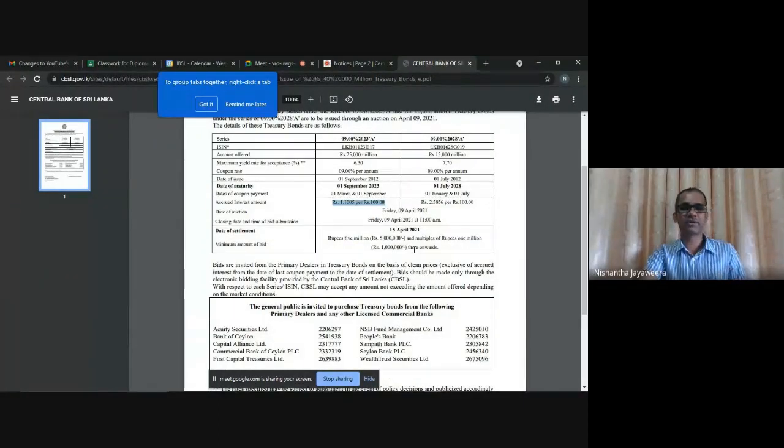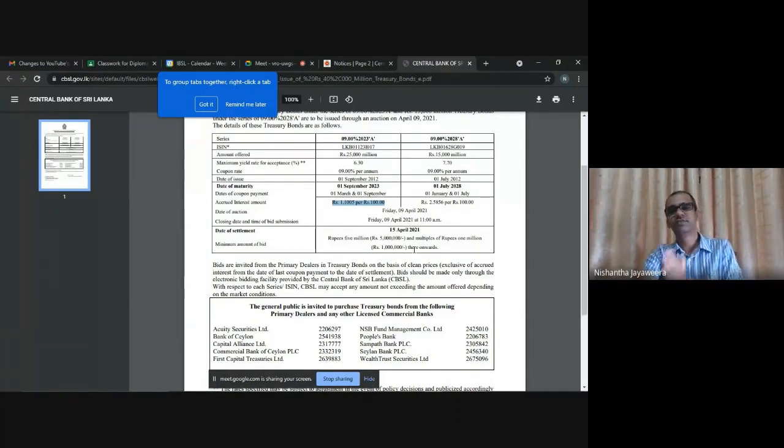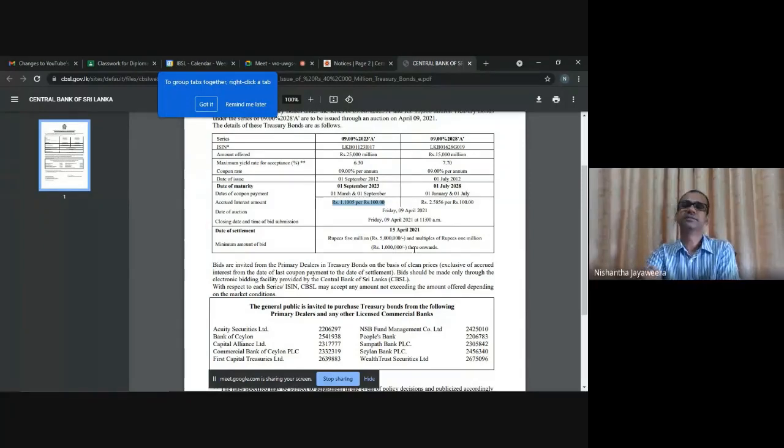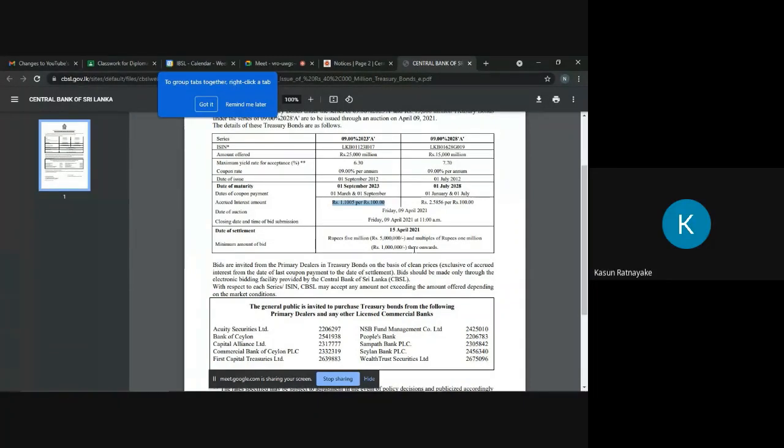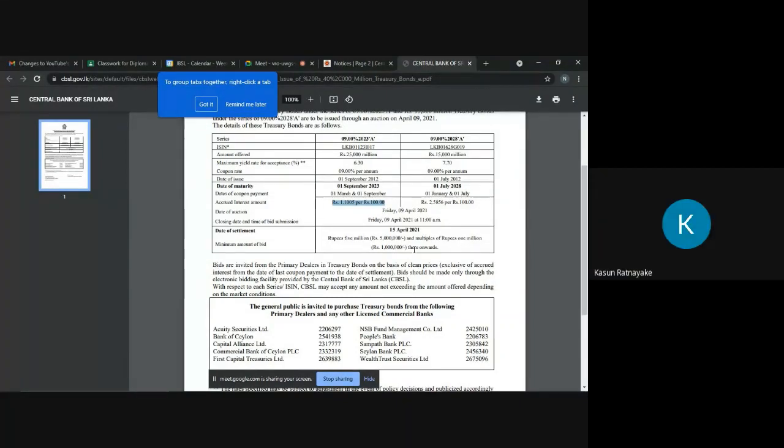Basically, that's the term premium that you get, because the issuer is the same, the government of Sri Lanka, and irrespective of the coupon, the difference is maturity. So when you bid for 2028 maturities, you should have some kind of better understanding about future interest rates, no sir?